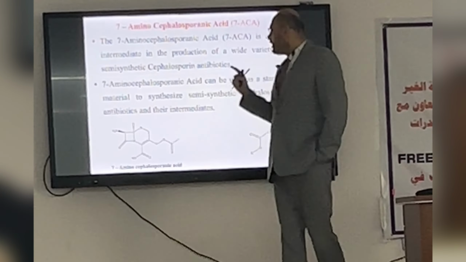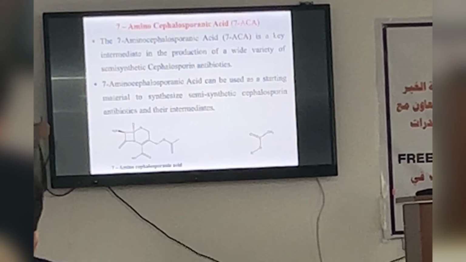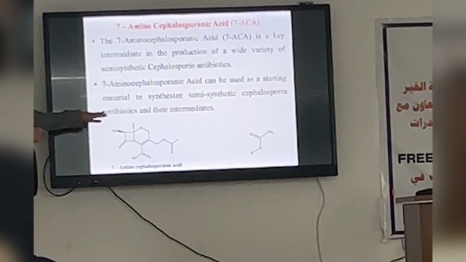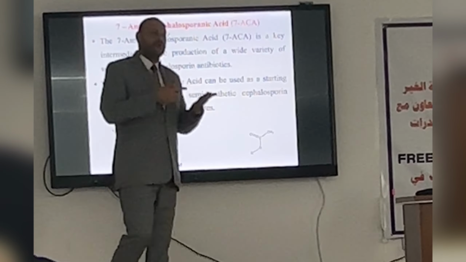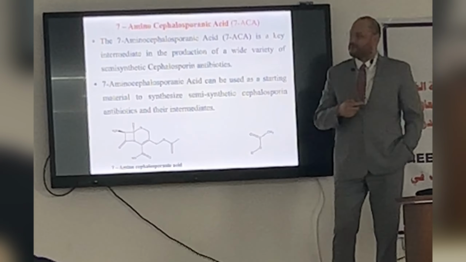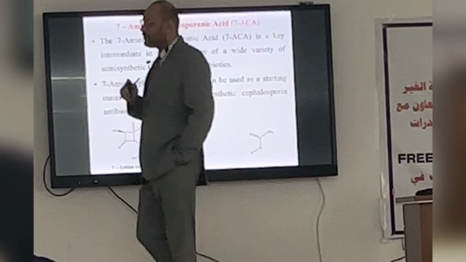Right? So right now we have this compound. It is a good starting material for production of semi-synthetic cephalosporin antibiotics, and when we say semi-synthetic, it is different generations. We begin with cephalosporin generation 1, then 2, then 3, then 4, and right now 5.